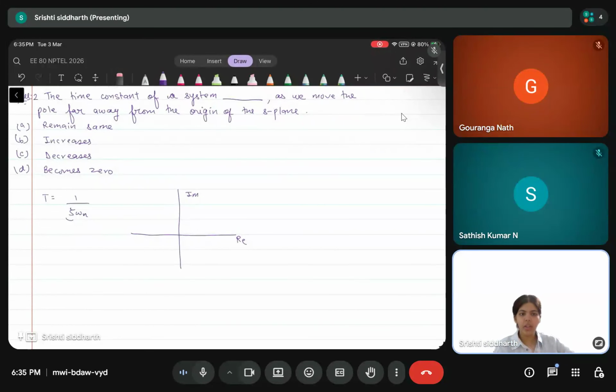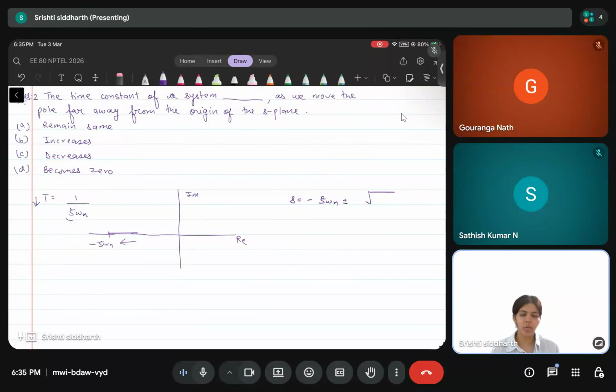Zeta omega n is the real part of the root of the characteristic equation, right? So if the eigenvalue or the pole is further apart in the S plane, here for example zeta omega n, then the time constant of the system is going to be lower.